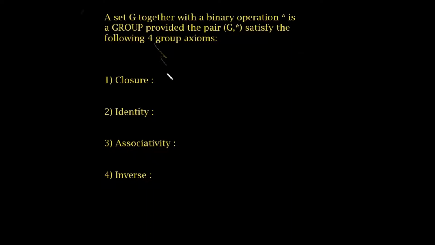So that means that for all A, B in G, we have that A dot B is in G. So we can compose elements of our set G using this binary operation.